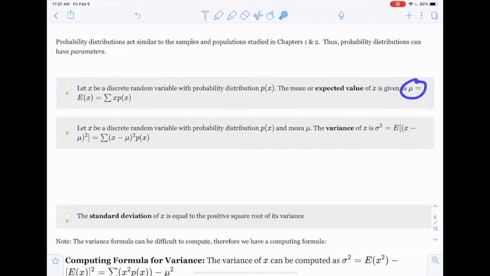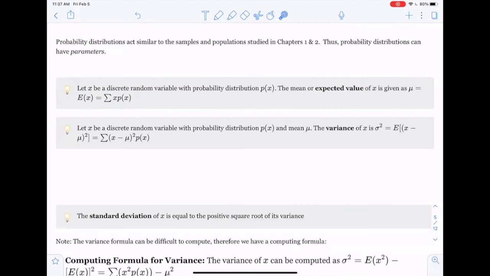That was the variable we used for mean, or kind of the grown-up one we use as E of X. That's the expected value of X. And that is going to be the sum of my outcomes times their corresponding probabilities. So the sum of X times their corresponding P of X's.